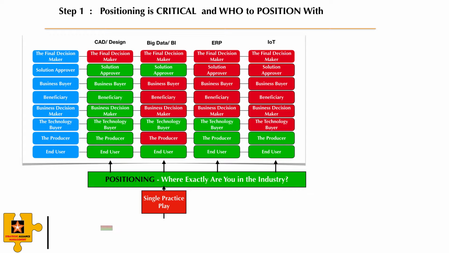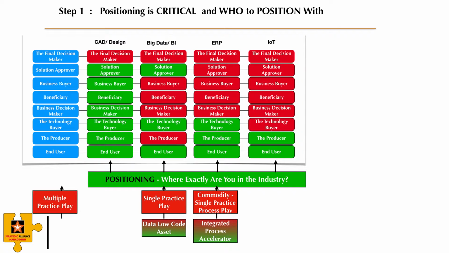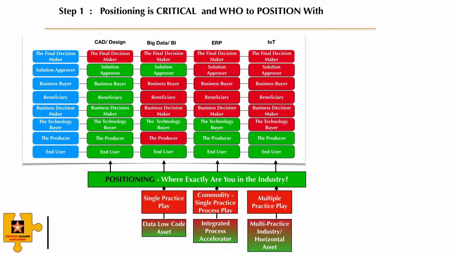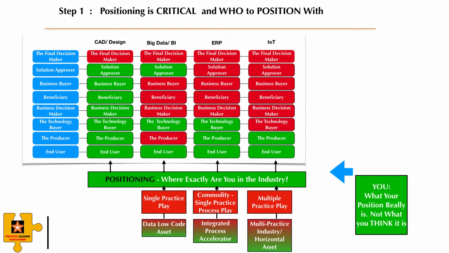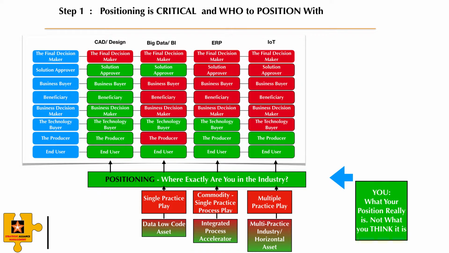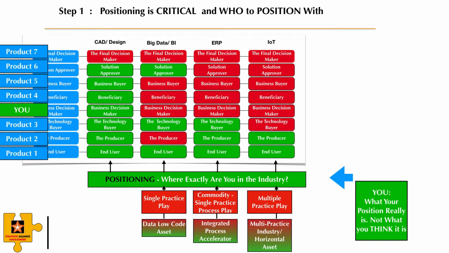For example, I explained these different plays in the last couple of slides. So understanding what you need to build is extremely critical. And to do that, you need to know what your position really is, not what you think it is. And this is a big challenge with companies, as different people get involved and different mindsets come into play.